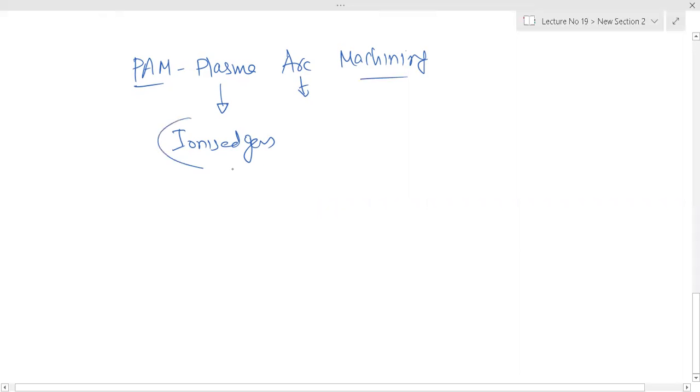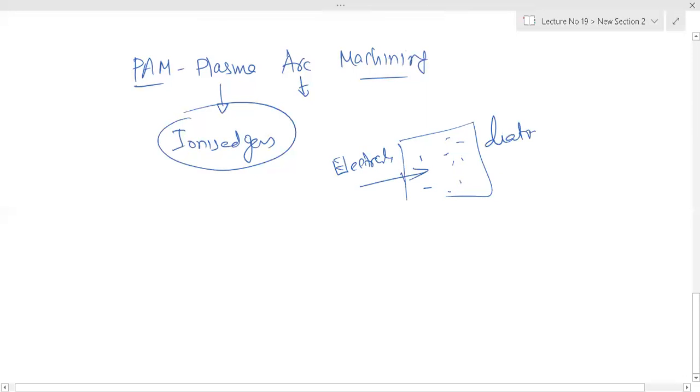So basically ionized gas. What happens when, suppose you have one gas, and you pass electricity, that diatomic gas changes into ions, and that ionized gas we call plasma.